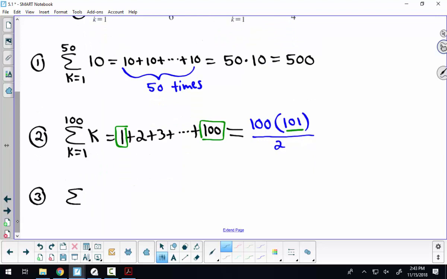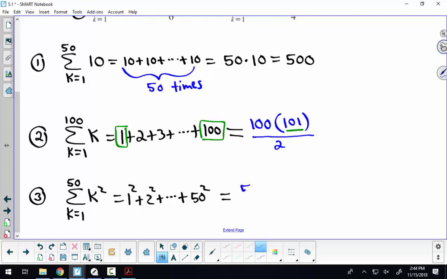So for instance, if we had to sum k equals 1 to 50, so we're summing the squares of the first 50 integers, 1 squared plus 2 squared, etc. The formula is n, where we're ending, so it's 50 times n plus 1 times 2n plus 1, so 50 times (2 times 50, 100, plus 1), all over 6.